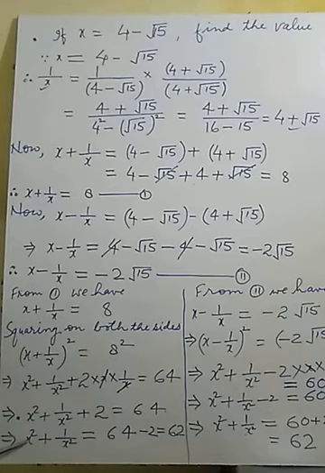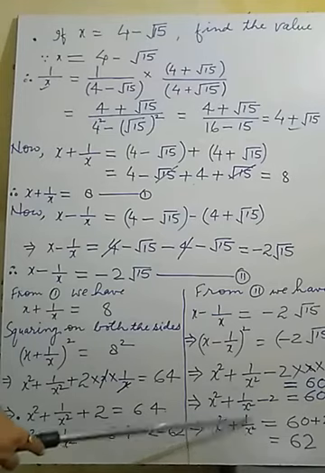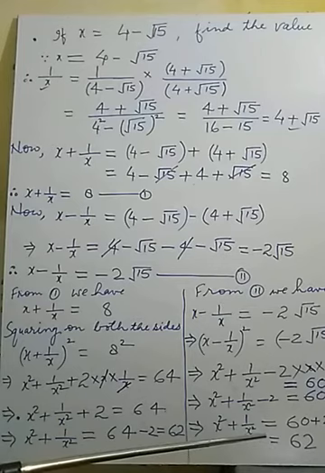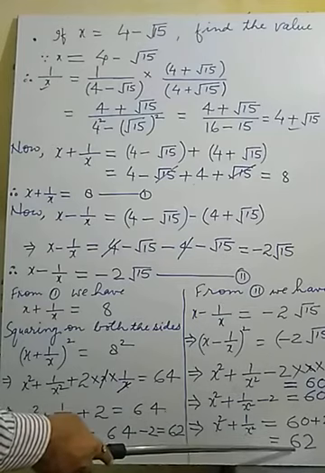Still you can find the value of x square plus 1 upon x square. By both processes, the value will be same. See, x square plus 1 upon x square is equal to 62, and by this process also x square plus 1 upon x square equals 62. Anyway, if it is solved, the value will come 62.